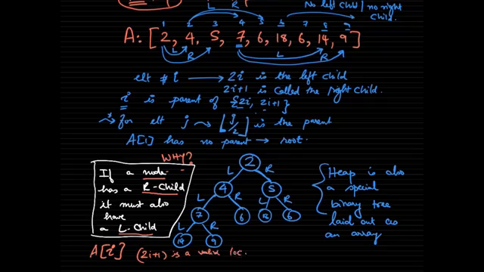So the array has a location labeled 2i plus 1. Well, if it has 2i plus 1, it must have 2i, because an array is just a straight line list of numbers. So if there is a 2i plus 1th element, there must be a 2ith element. And therefore, if there is a right child, there must be a left child.